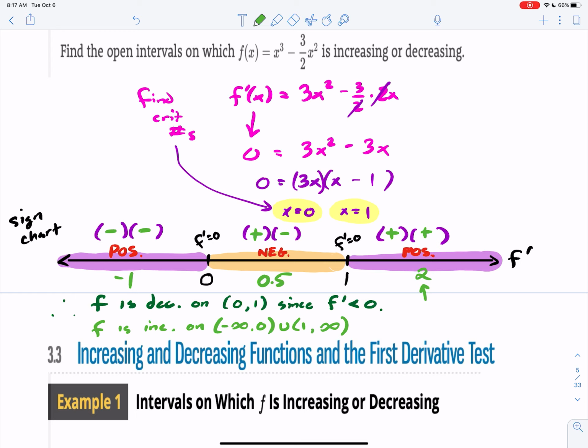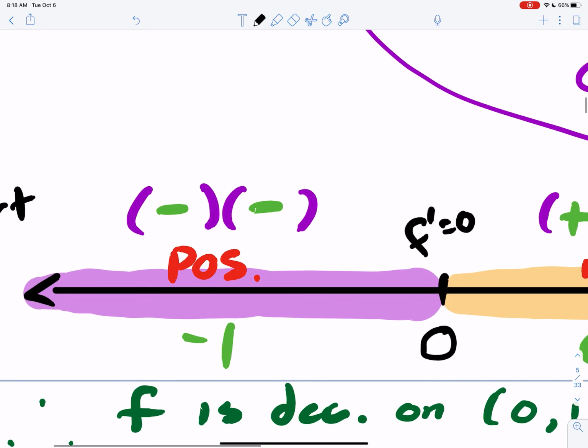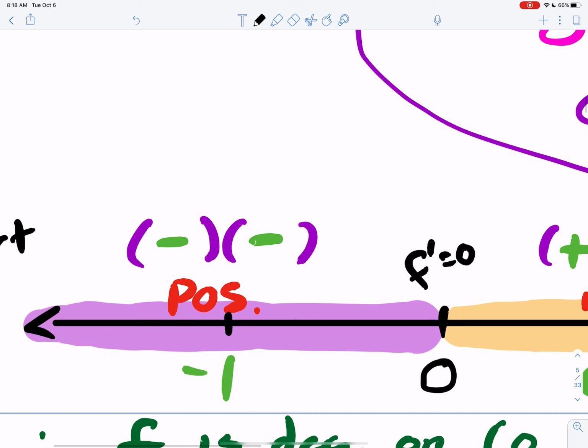Okay, so here's the thing. The reason why you don't draw tick marks on test values is because you might accidentally stop at a test value. For instance, had I drawn a tick mark right here, I would have accidentally probably stopped at negative 1. But remember, you only stop at a critical number. So that's the reason why we don't do that.